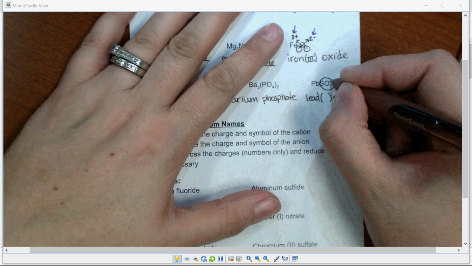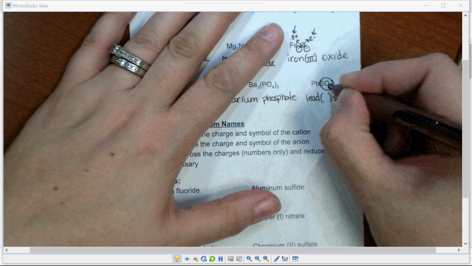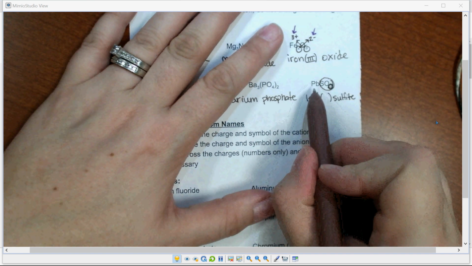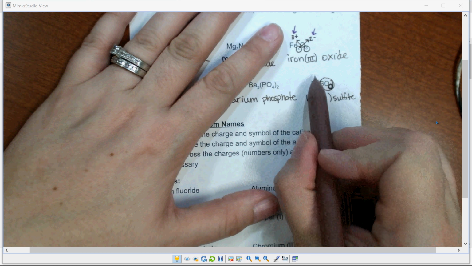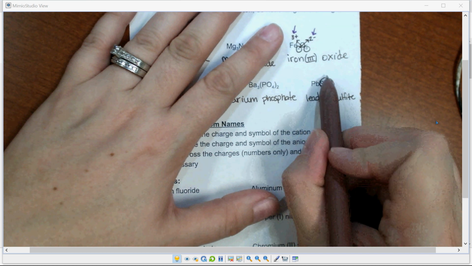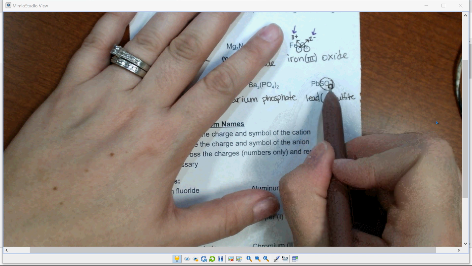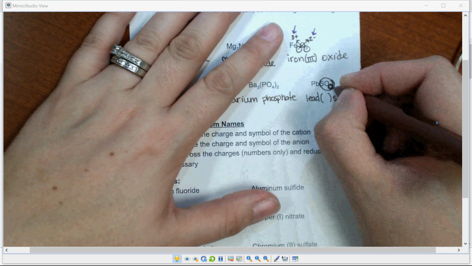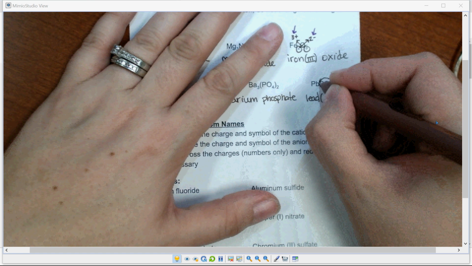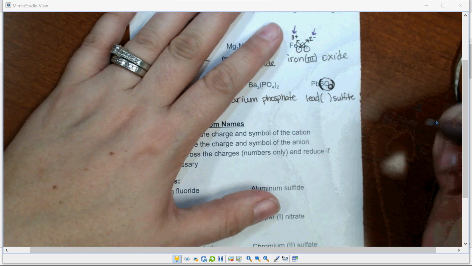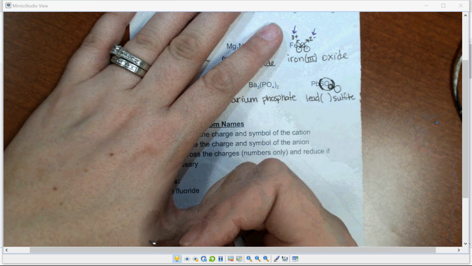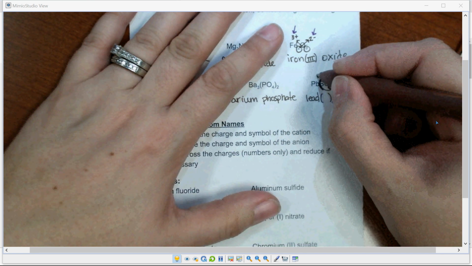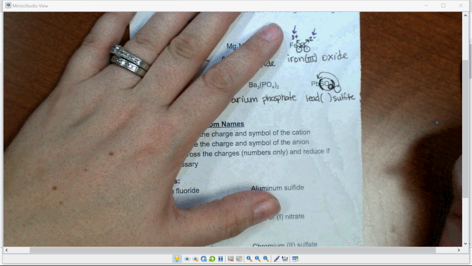Please know that this 3 is part of the polyatomic ion. It is not there because it was crossed down from the lead. It belongs to the oxygen and the oxygen alone. If it helps, you can always put your polyatomic ions in parentheses, and whatever's on the outside of that parenthesis is what was crossed down from the other atom.